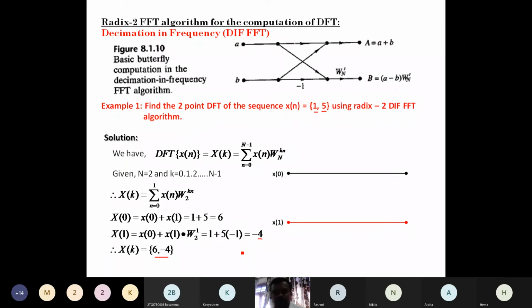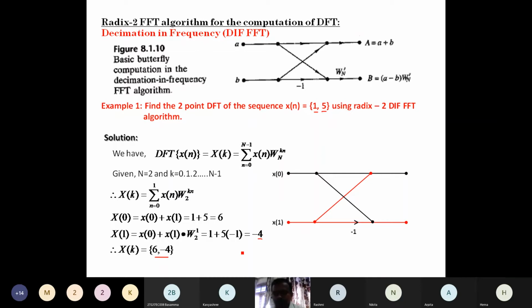We are talking about DIF, so the input values are in sequential order. Next, we create the body of the butterfly by cross connecting both lines: x0 is connected with x1 and x1 is connected with x0. Let me put the line values.